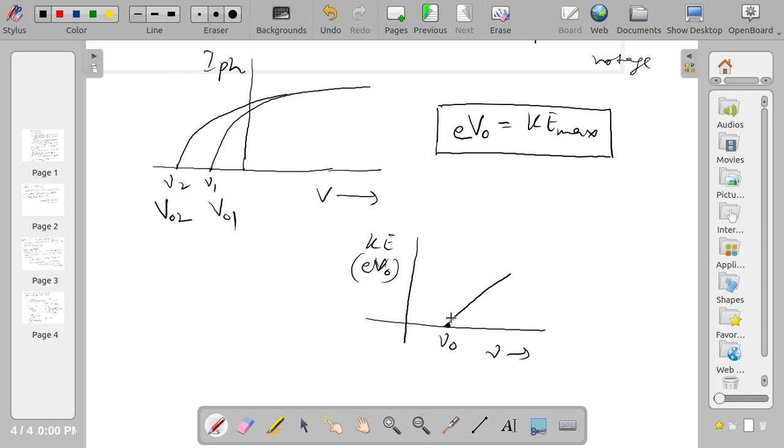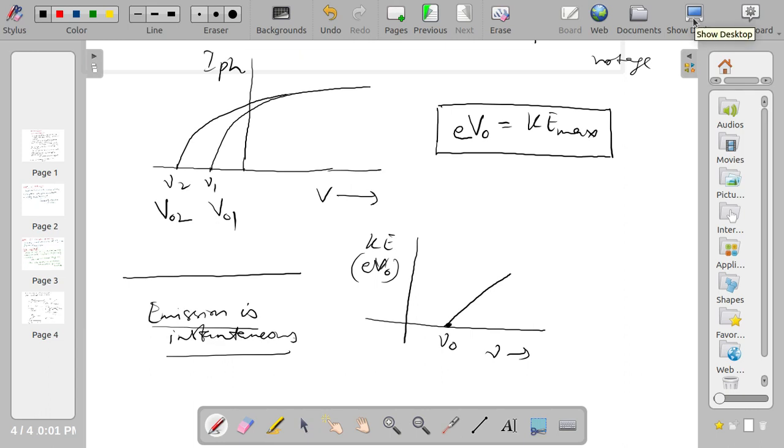The energy corresponding to this cutoff frequency is known as the work function of that metal, and it is different for different metals. And another observation is that the emission is instantaneous. So these are some observations of the photoelectric effect.